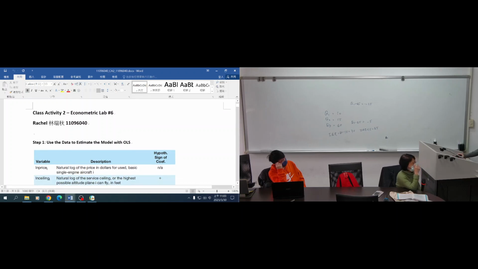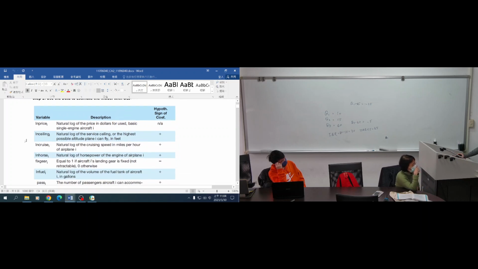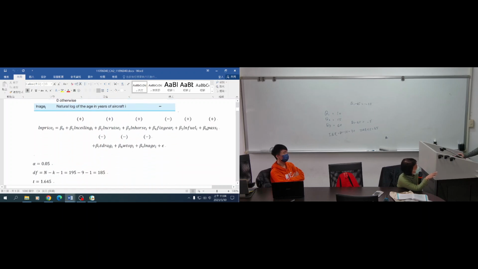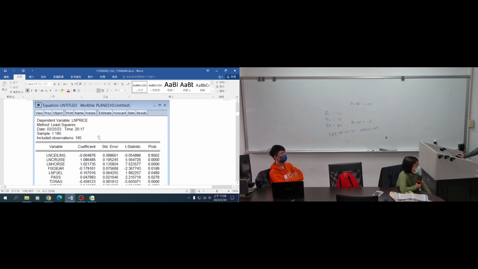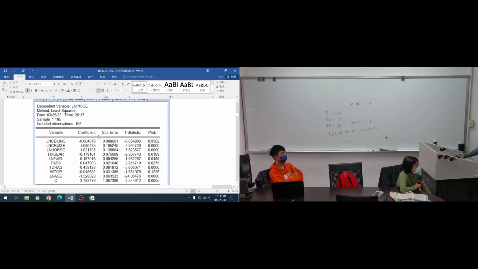Okay, so this is my assignment, and we have 9 x variables here, and the ln price as the dependent variable. This is the degrees of freedom, and this is the equation that I have from eViews.